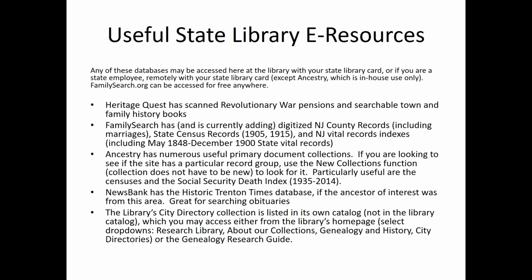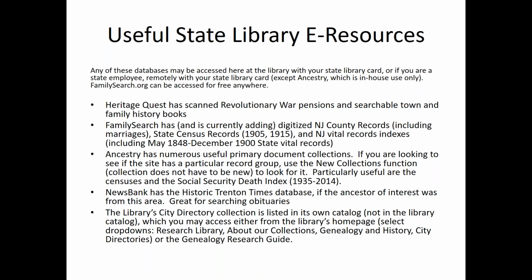We have a database called Newsbank, which has recent, and by recent I mean late 20th to early 21st century newspapers that generally go up to the present, available online, so you can do one-stop shop searching.